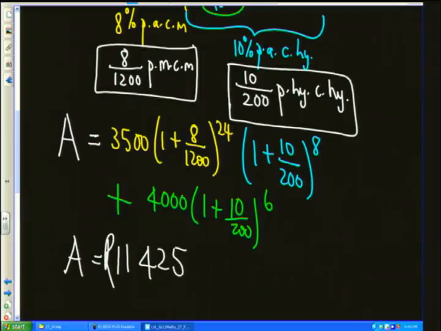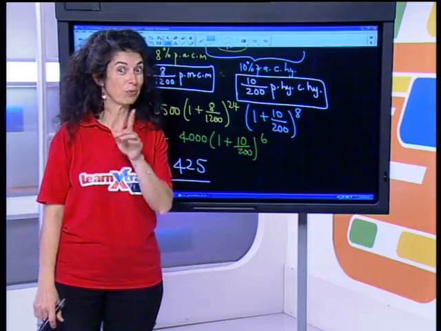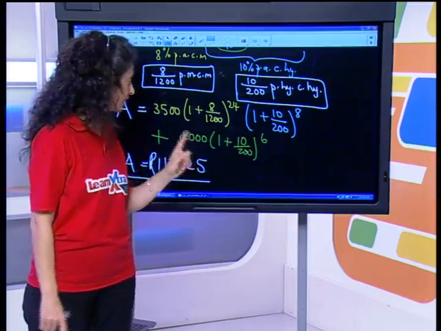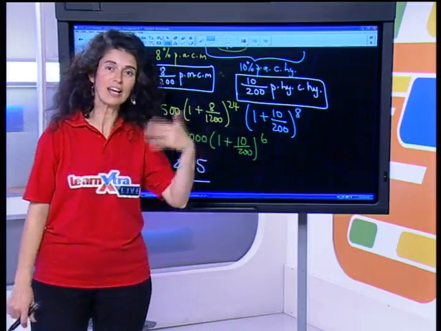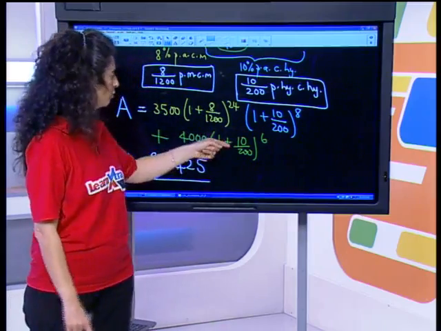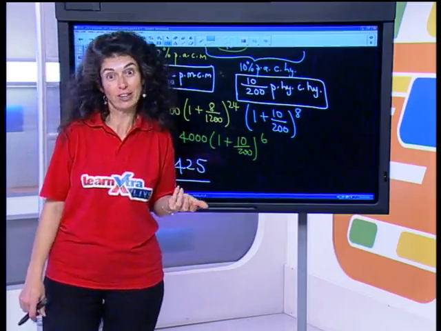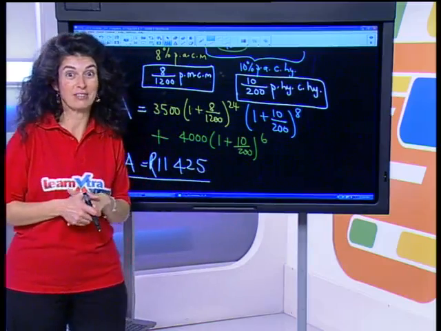Okay, now isn't that amazing? Over the 6 years, we had 7,500, which has grown to 11,425. And if you look at the calculation we did previously, we saw that if you do a monthly calculation, you earn more interest. So I'm not sure why she chose to do a half-yearly calculation, but that is the context that was given to us.